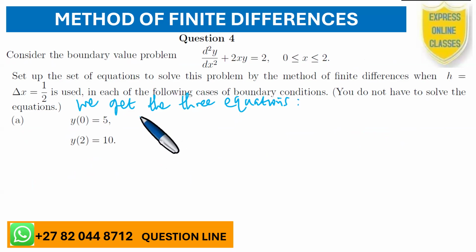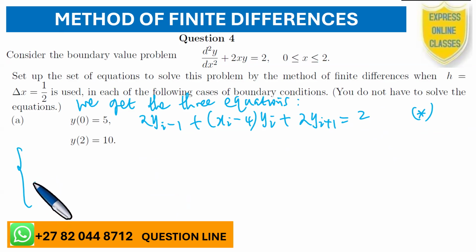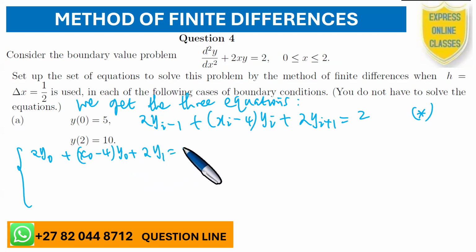The equation star actually was just the equation 2 yi minus 1 plus xi minus 4 yi, 2 yi plus 1 equals 2. And we called this star, and we recap on it. However, we get three equations more. So it's y0 plus 2y1 equals 2.